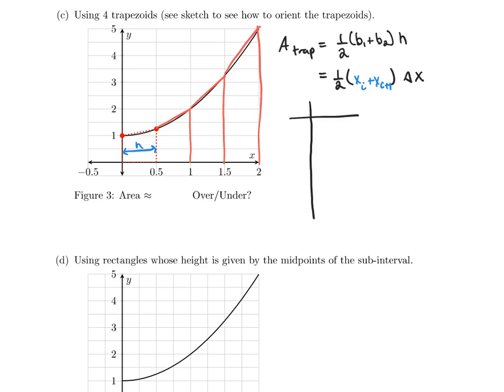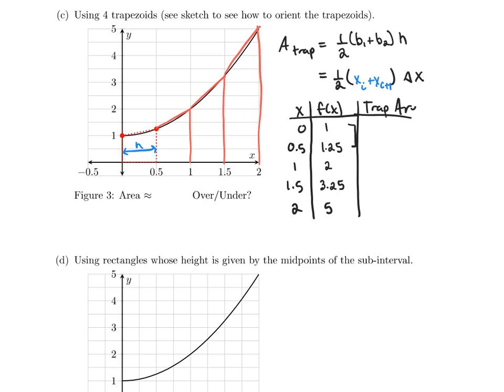So let's go ahead and get the table we had from last time, except now we need all of the function values because we need both the left and the right endpoint of each one. I'm going to do the trapezoid for each region. So my trapezoid area between 0 and 0.5, I am going to do 1/2 times the sum of the bases, so 2.25, and then I'm also going to multiply by delta x, which is again 1/2.